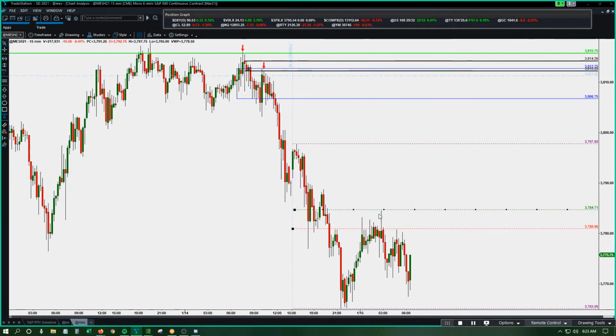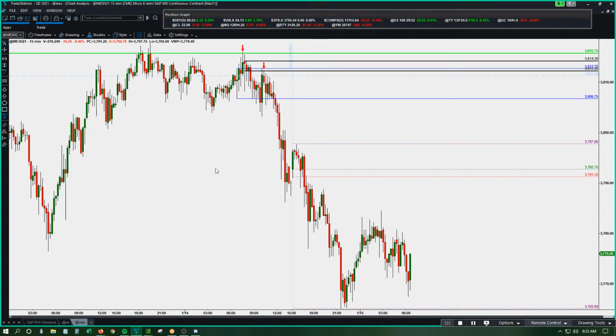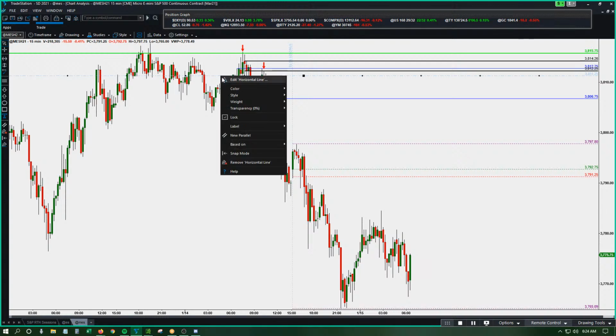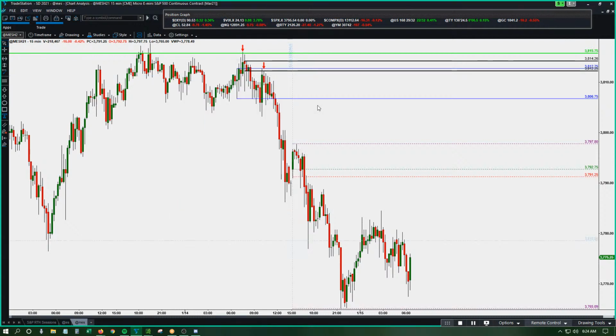Lock that in and edit it. 84 and open. 37.92.75. 37.91 quarter. There's our VWAP, 37.78.50-ish.